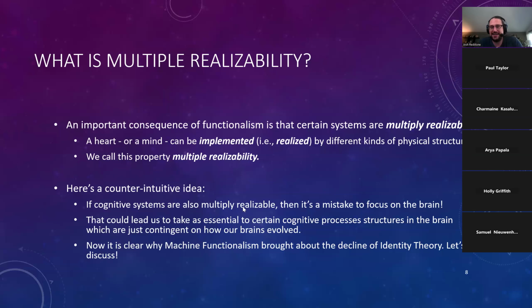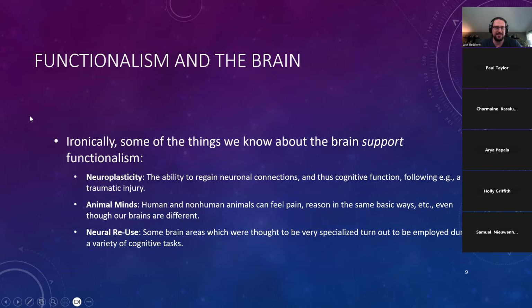This is why functionalism sort of spelled the downfall of identity theory, right? But yeah, neuroplasticity, animal minds, conceivable alien minds, and even neural reuse, these are things we've learned by studying the brain that support a sort of functionalism.